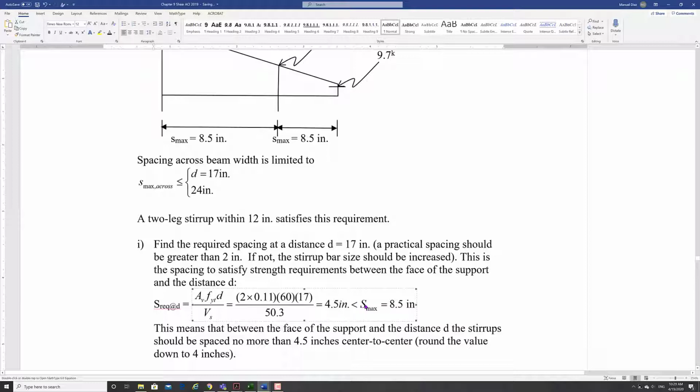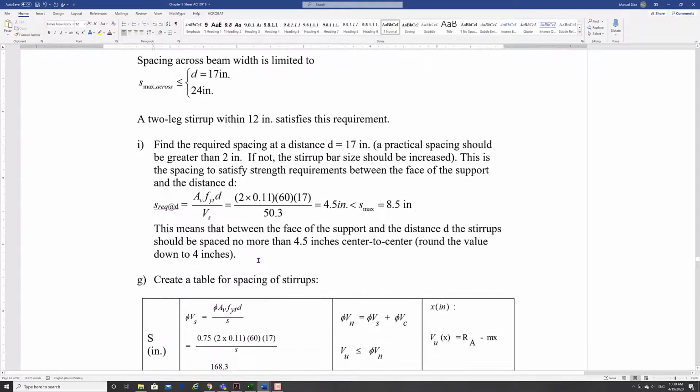I'm going to start with 4, and I just want to change these S's because the code changed all to lowercase values now. So we have lowercase values for the S's. So I have to start with 4.